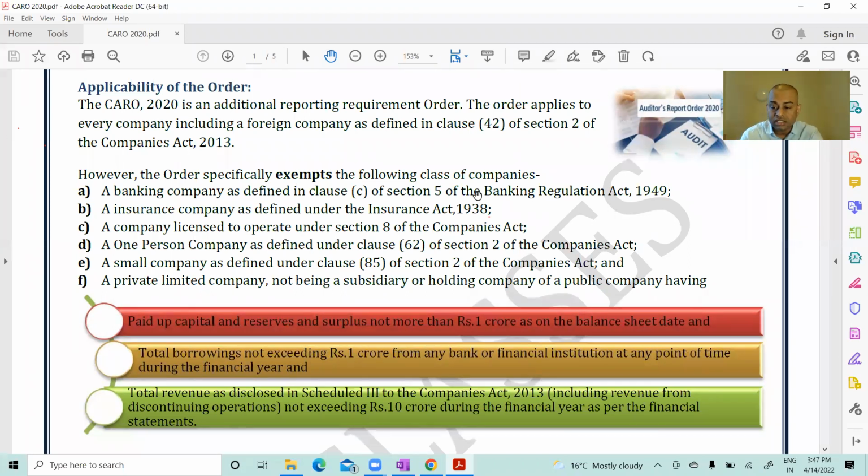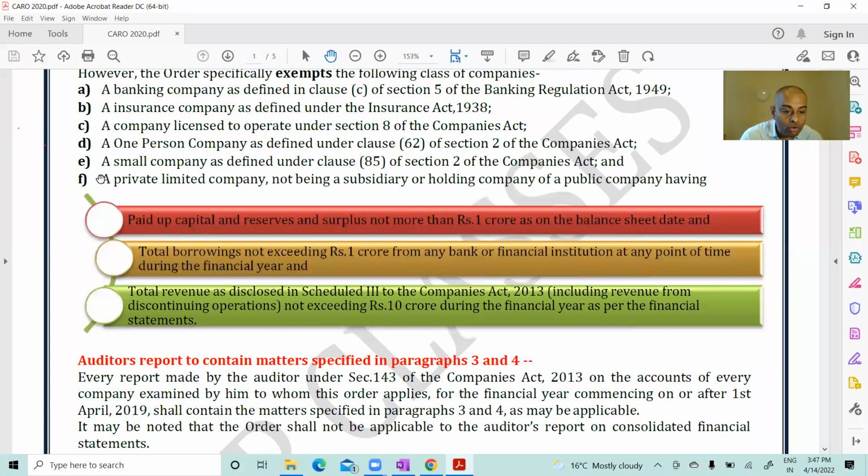Then you have various conditions. What are the conditions? Now, Sai Kripa madam, can you read this point for me, please? Yes, sir. A private limited company, not being a subsidiary or holding company of a public company, having: first point, paid up capital and reserves and surplus not more than 1 crore rupees as on the balance sheet date.